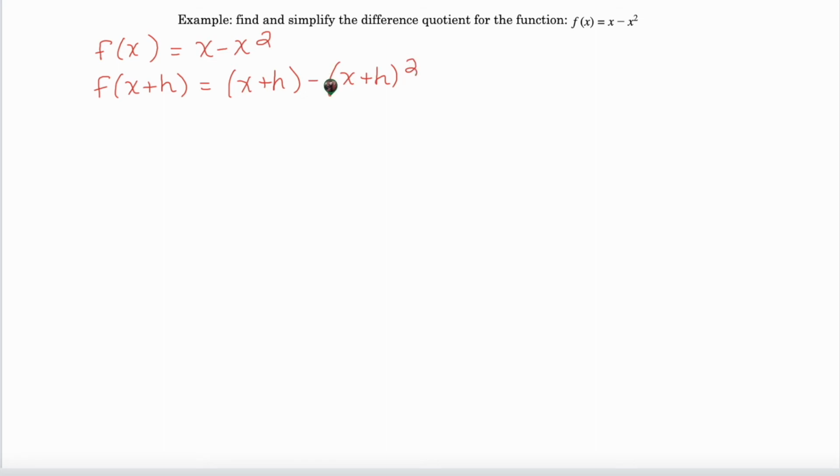So what is x plus h squared? X plus h squared is x plus h times itself. And then distributing, I'll have x squared plus xh plus xh plus h squared. Combining like terms, I'll have x squared plus 2xh plus h squared.